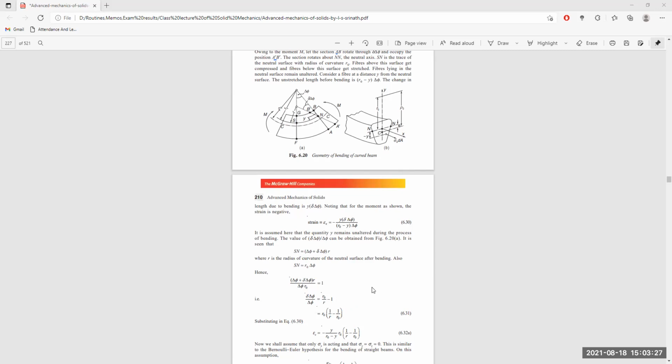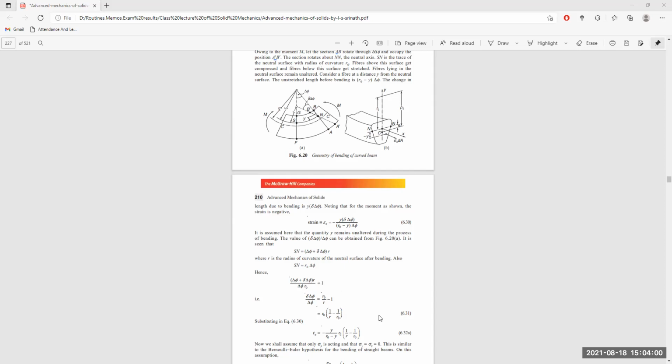Substituting in equation 30 itself, we put this here, and the minus we take on the right side, giving R0 into 1 by R minus 1 by R0.